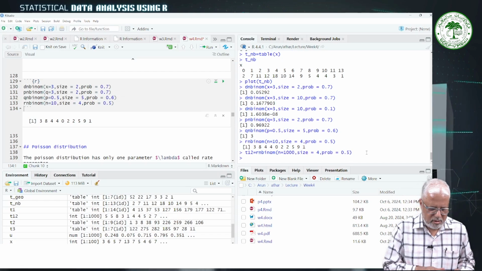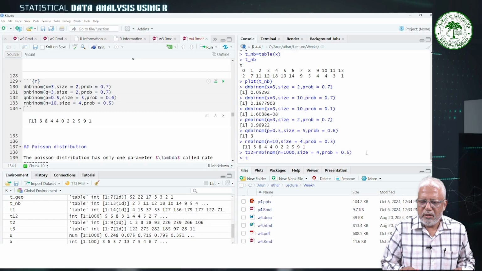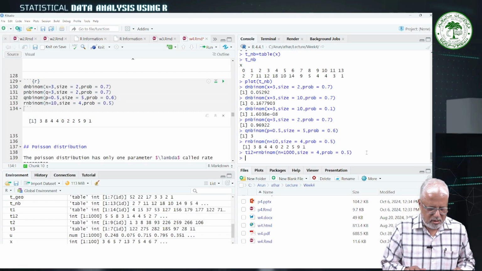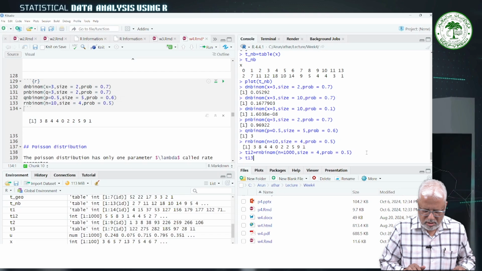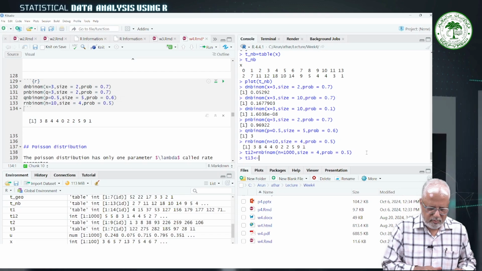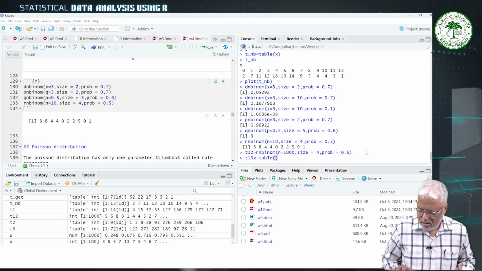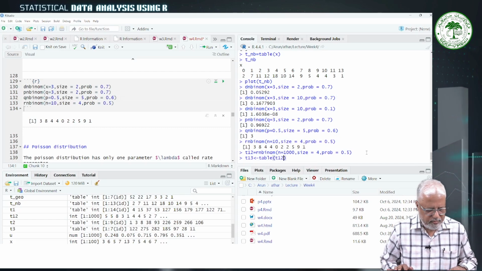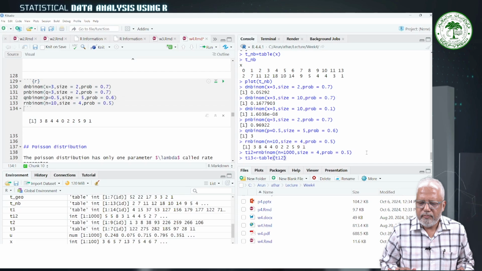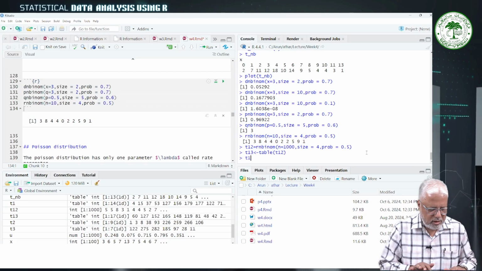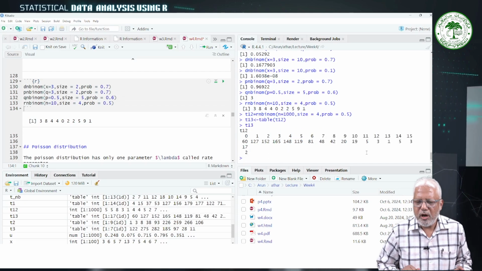Then we get T13 equal to table of T12, so T13 is the table of values.